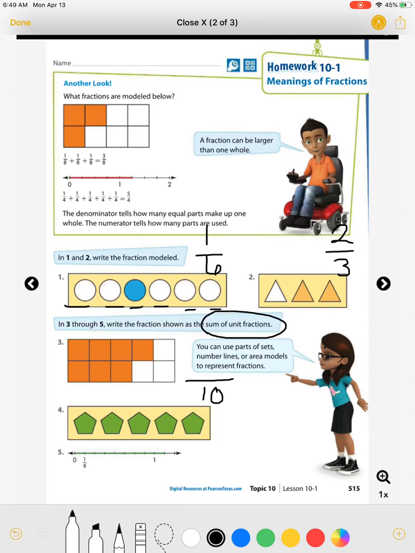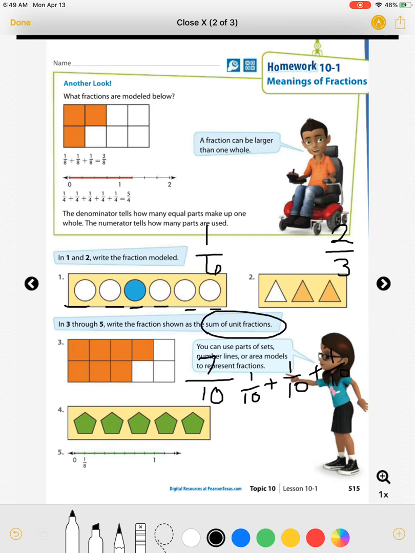Now, how many squares are orange? 1, 2, 3, 4, 5, 6, 7. 7/10. So a sum of unit fractions, that means they want us to write out 1/10 plus 1/10 until we get to 7/10. Like this, 1/10 plus 1/10.